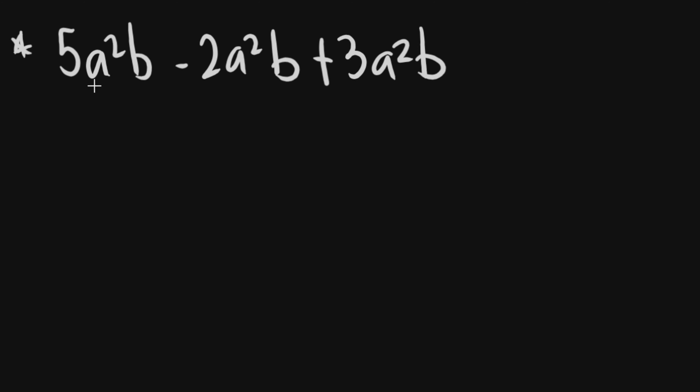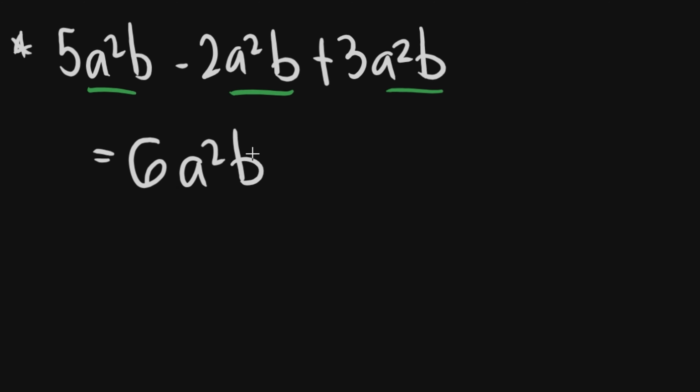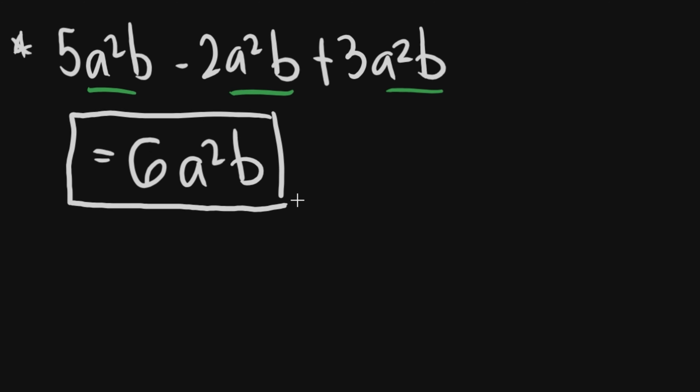So since you have observed that all 3 of these terms have a squared b, they are similar terms. So 5 minus 2 would result to 3, then 3 plus 3 would be 6. So you put 6, then don't forget the a squared b. So that would be your answer.